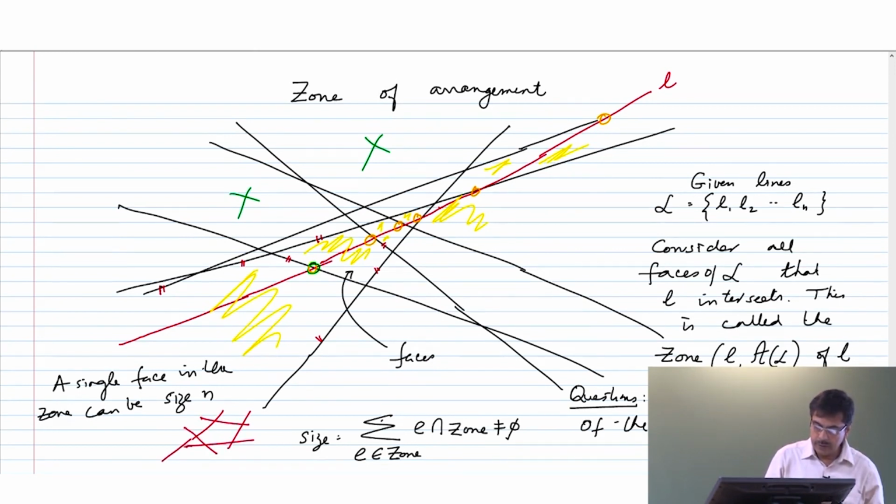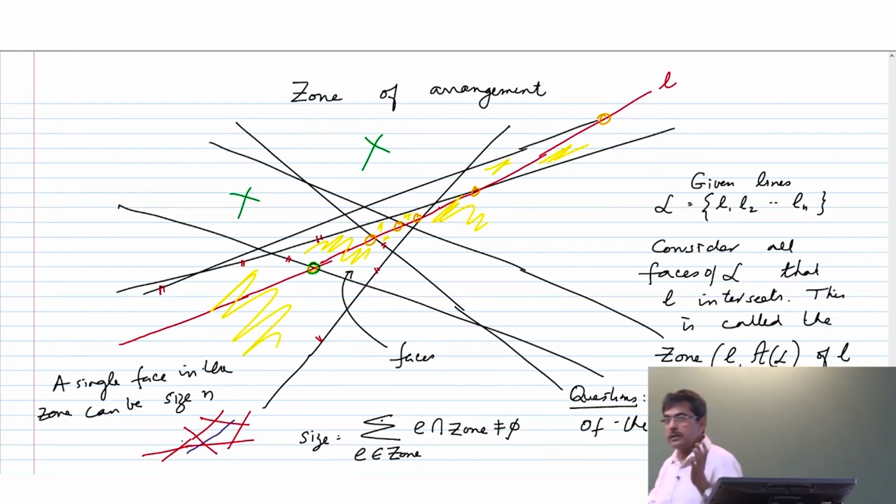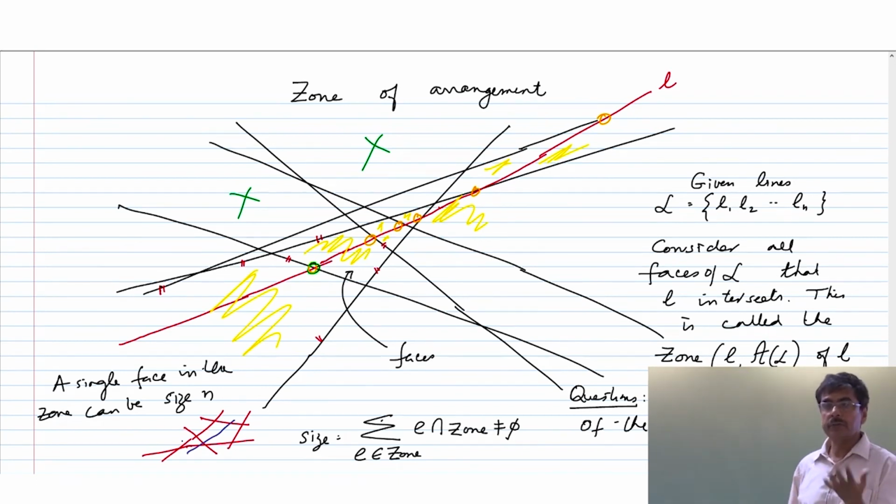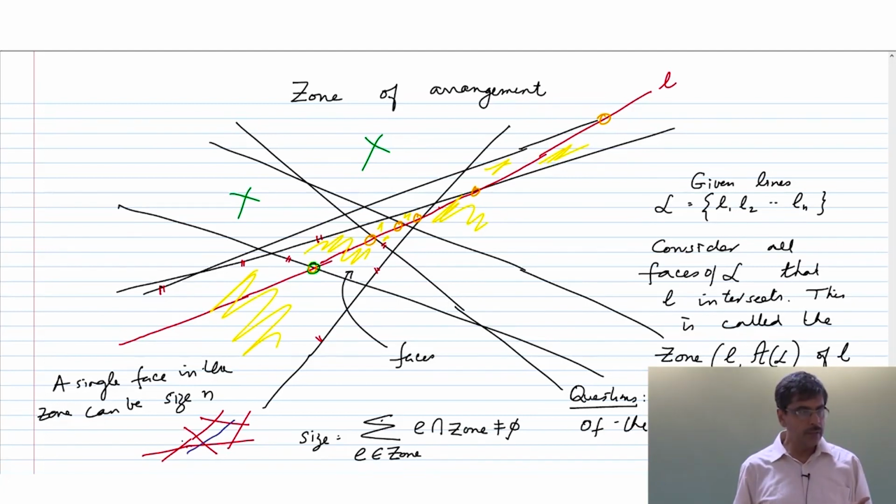So, this is an arrangement, and if the line passes through this one, this face has all the possible edges. A single face can be very bad, it can have size n. Now, if I use that bound, then the size of the zone would be n times n, because no face can be more than n and there are n faces. That will give you n square.